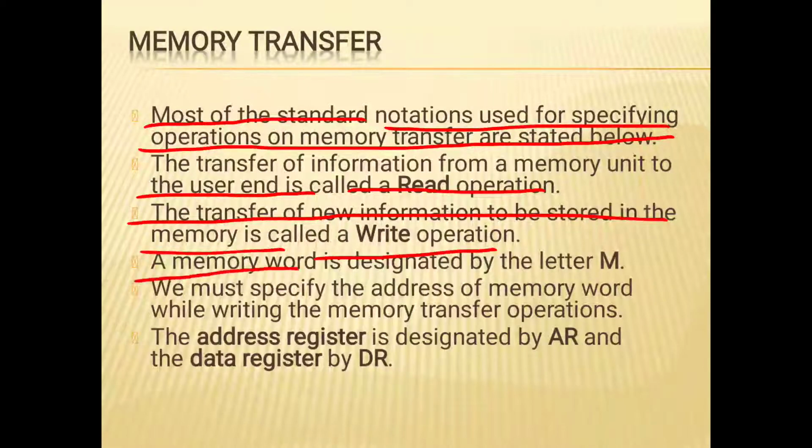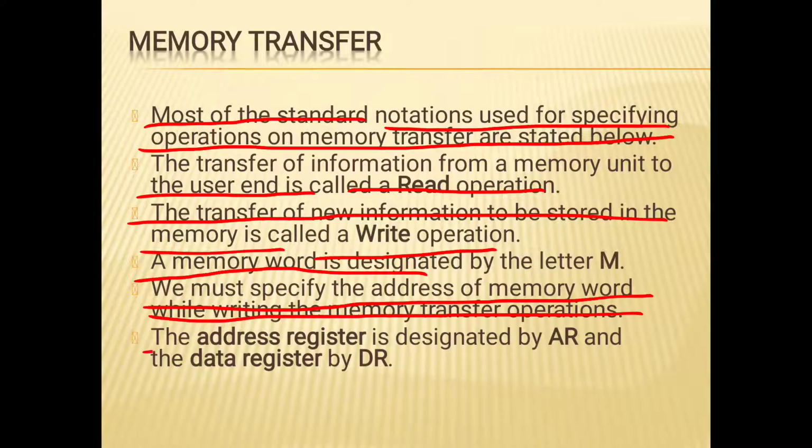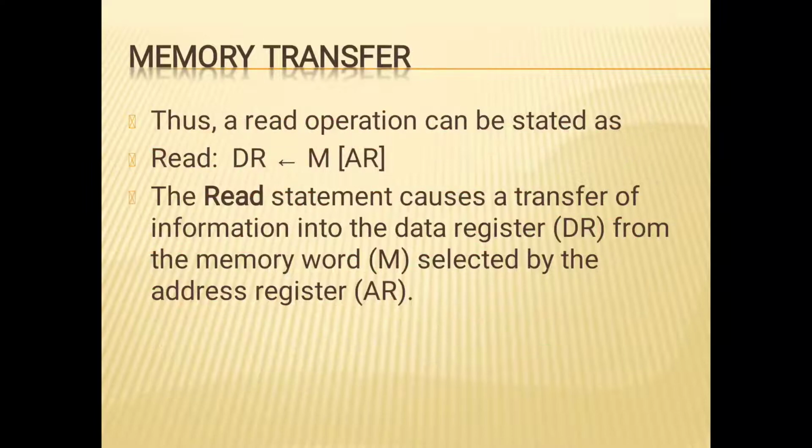Whenever a memory word is designated by the letter M, we must specify the address of the memory word while writing a memory transfer operation. The address register is designated by AR and the data register is designated by DR. Thus, a read operation can be stated as DR ← M[AR].